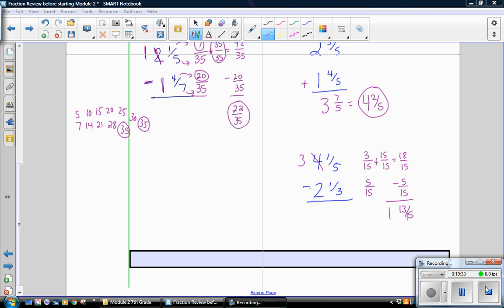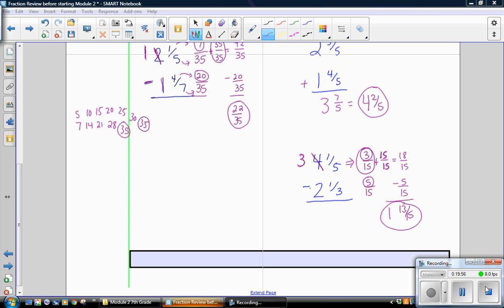Now, for that one, we needed to rewrite with a common denominator, so we rewrote this as 1/5 is equal to 3/15. Then you cannot take 5 away from 3, so you borrow from the 4. That becomes a 3. The one that you borrowed is the 15/15.